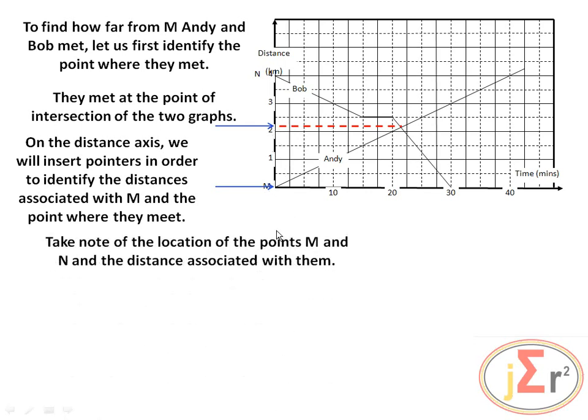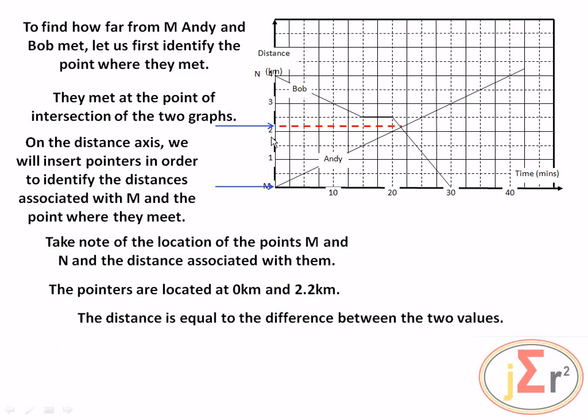Take note of the location of the points and the distances associated with them. The pointers are located at 0 kilometers and 2.2 kilometers. The distance is equal to the difference between the two values.